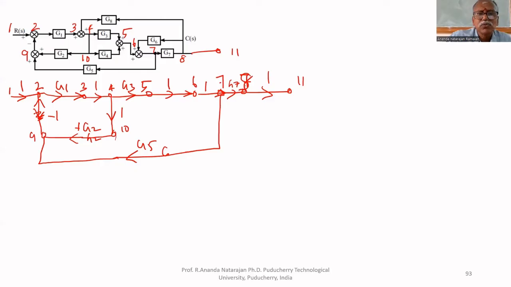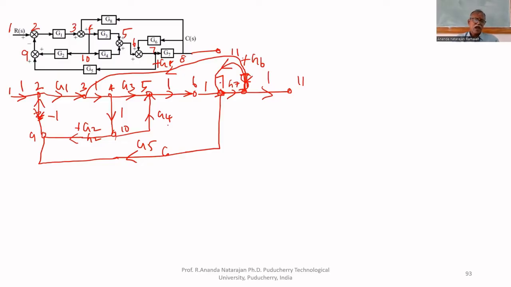Then 8 to 7 is G6. Then 8 to 3 is G8. That's all. Finished. G4, 10 to 5 is there. 10 to 5, that is G4. That's all.